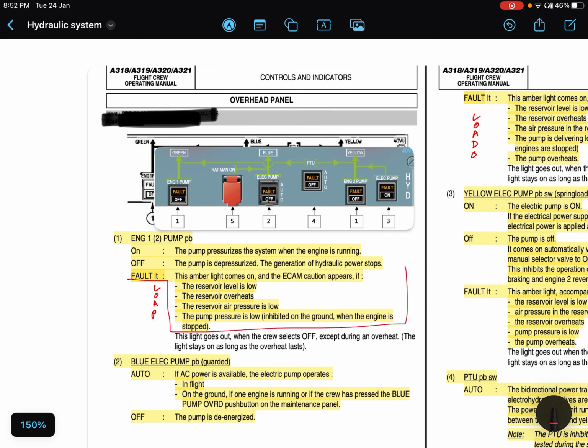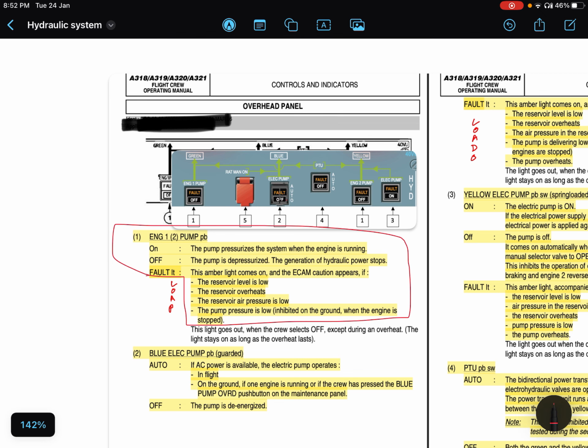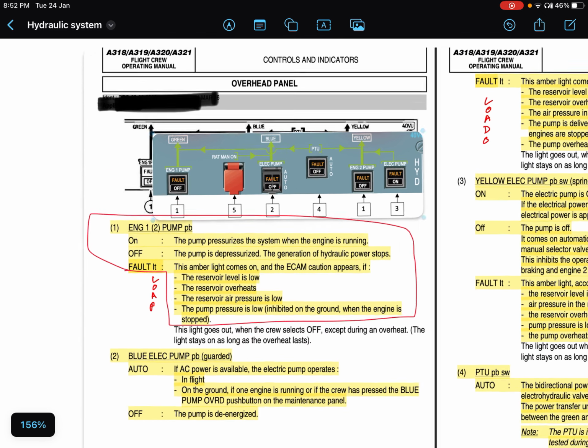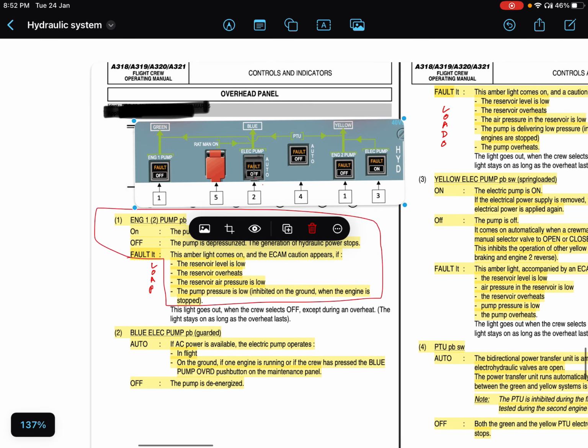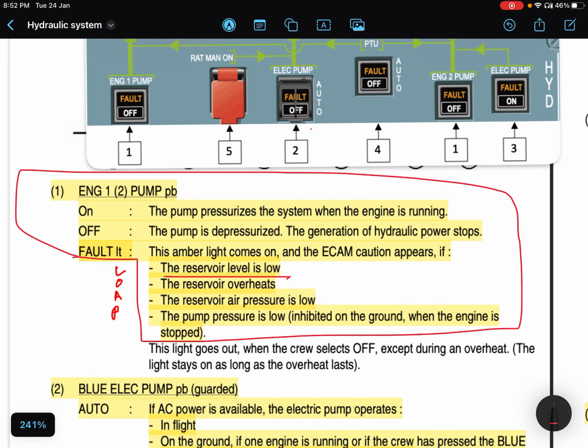If you read this paragraph, then you will be able to understand that whatever I have told you is this thing only: that the reservoir level is low, reservoirs overheat, reservoir air pressure is low, right?